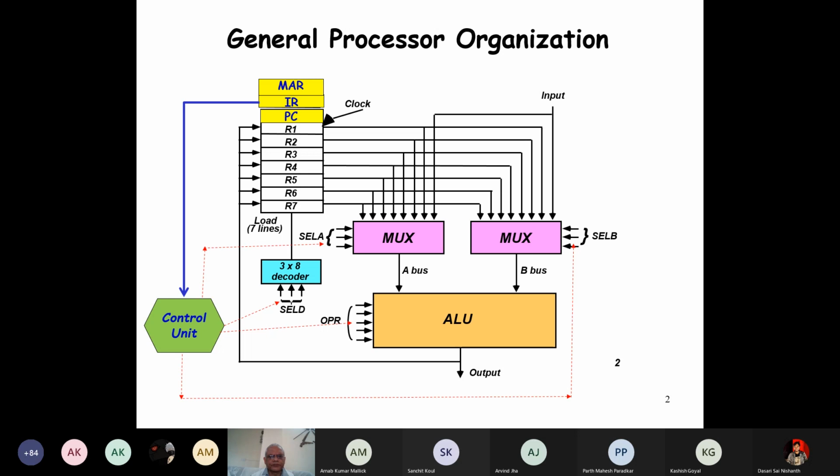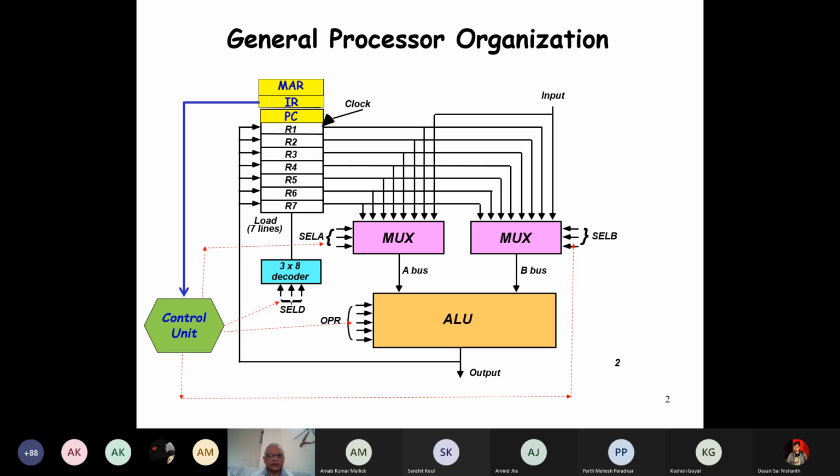So once the execution of an instruction completes, the control unit initiates fetching of the next instruction based on the address stored in the program counter, because the program counter always stores the address of the next instruction to be fetched. And when the instruction is fetched, it is stored in the instruction register.